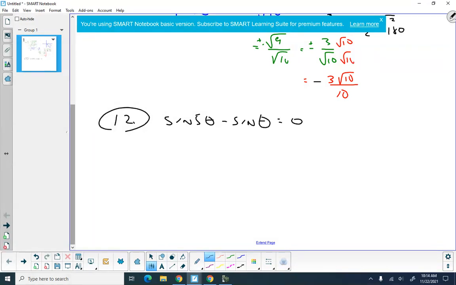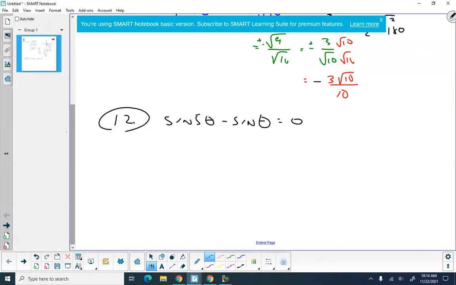We're looking for two general solutions. So I'm looking at my equations here. Which one is sine of one thing minus sine of a second thing?